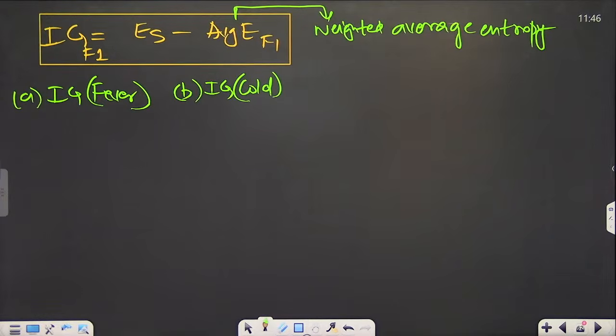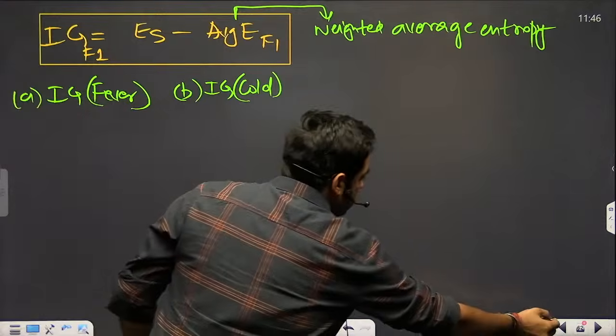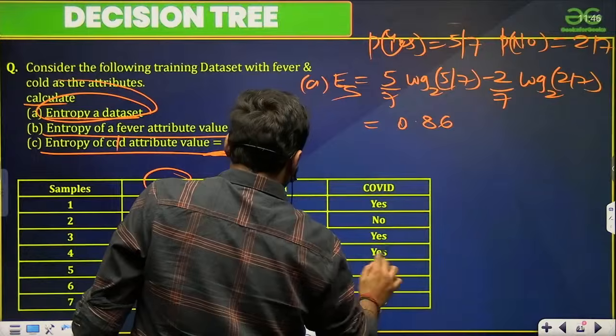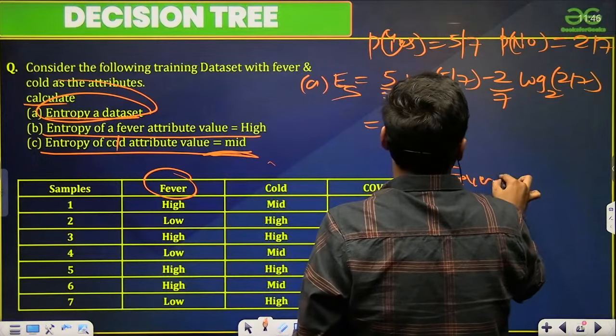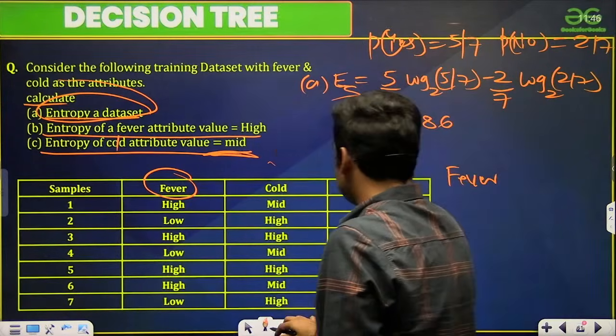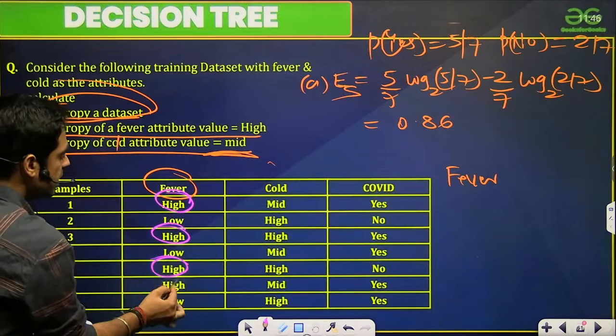Now let us calculate the entropy for the fever attribute values. For fever, I'll just make a table. I have feature fever. How many highs are there for feature fever? 1 high, 2 high, 3 high, 4 high.